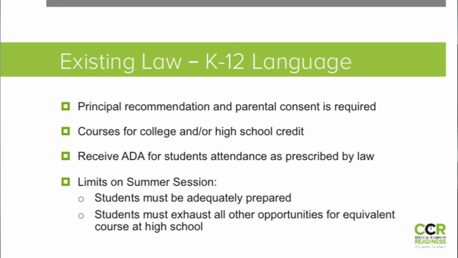They take the placement test, they place into college level math, they enroll in a college math course. Once that student completes the college math course, and it's not dual enrollment, they're just going to take the course on their own as a college student starting college early, they can bring their college transcript back to the high school, and the high school may allow, some do, some don't, may allow the student to receive credit for a senior level math class, in this scenario, for the course that they completed at the college.